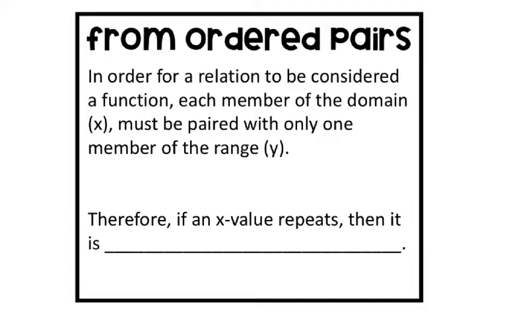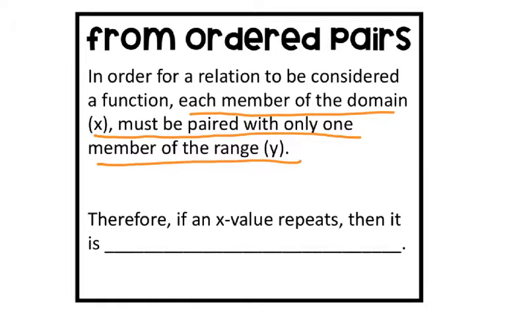All right, so let's focus on identifying functions. Well, when we're talking about an ordered pair, in order for a relationship to be considered a function, each member of the domain, our x values, must be paired with only one member of the range, which is our y values. Well, what does that mean?